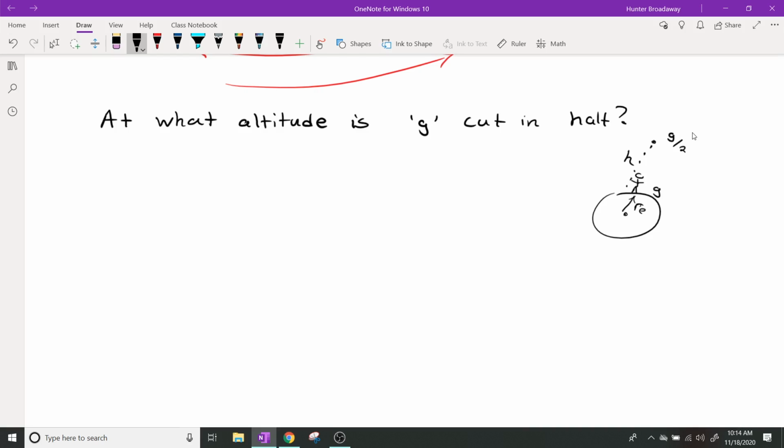Oh, the GMM over R squared? Right. Well, it's not just double, but I don't think that's what she was saying. Half the gravity. Right.